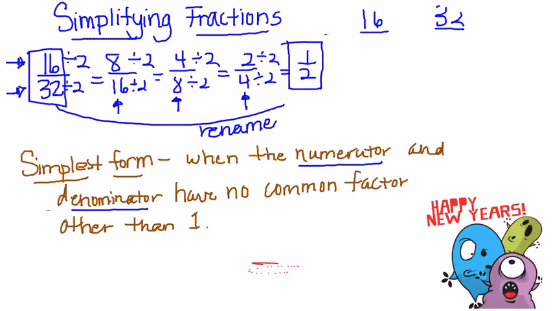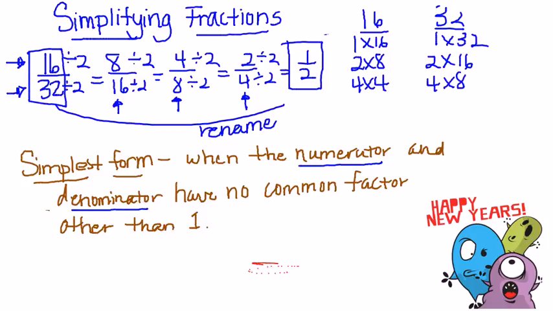Now let's take a look at your factors of 16. 1 times 16, 2 times 8, 4 times 4. We have 1 times 32, 2 times 16, 4 times 8. Now, with a red pen, let's circle all the ones in common. 1, 2, 4, 8, 16.